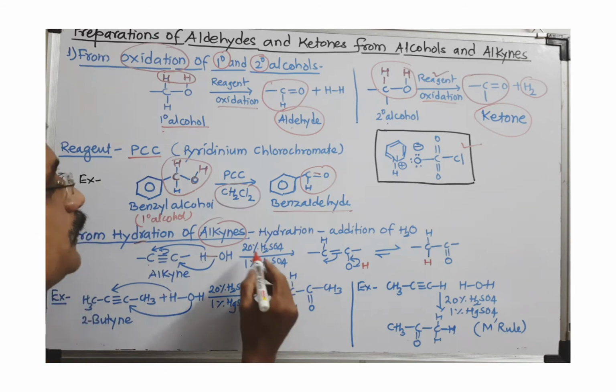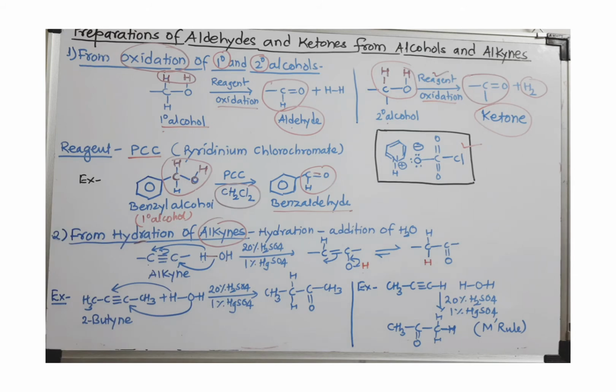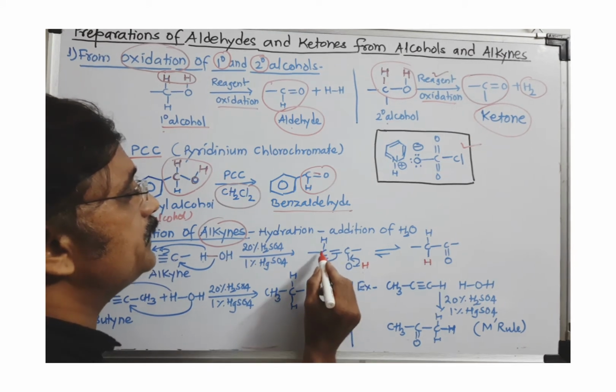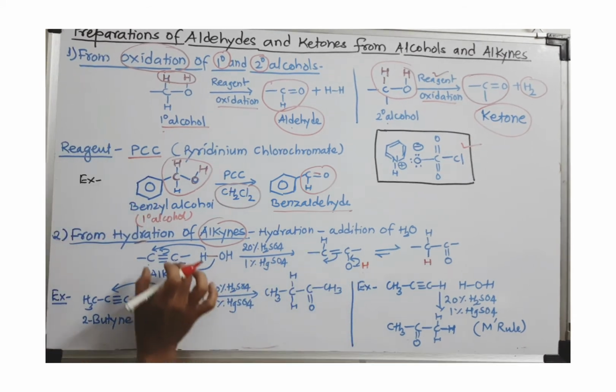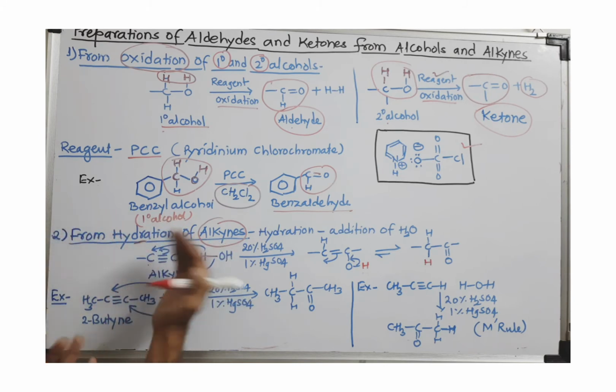For this purpose you use 20% H2SO4 and 1% HgSO4. Now I have joined OH here and H here because both carbons are symmetrical.